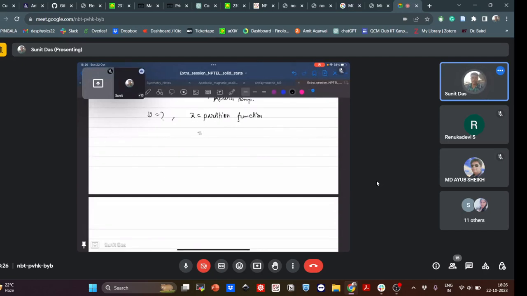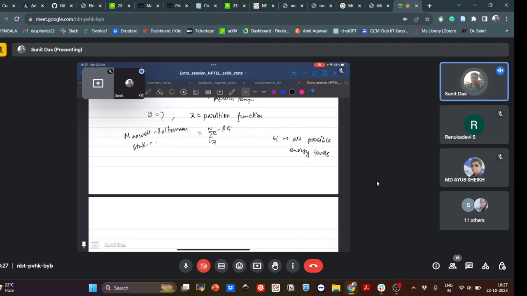So the partition function in the classical limit, or let's say Maxwell-Boltzmann statistics, is Z equals the sum of e to the power minus beta epsilon_i. Here epsilon_i are all the possible energy levels, and i goes from 1 to n.